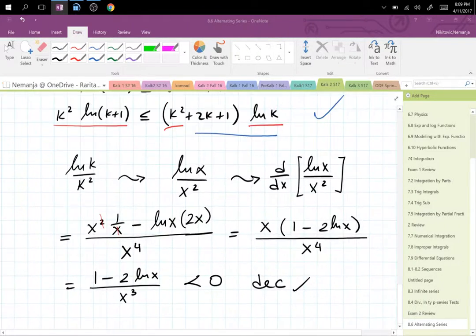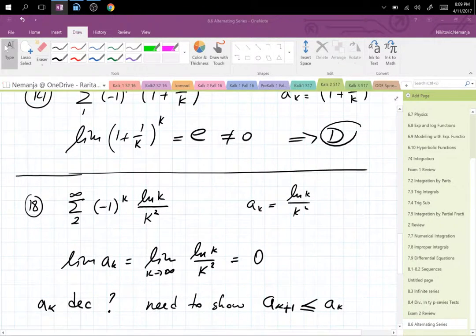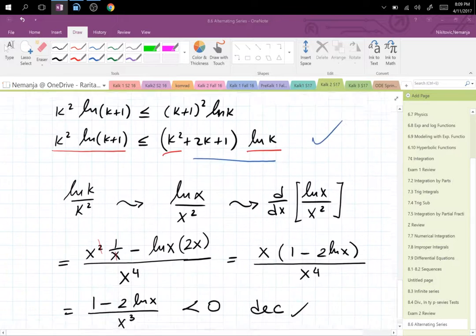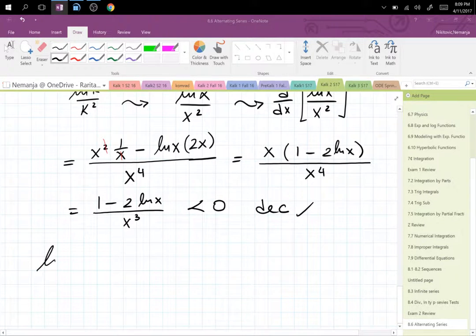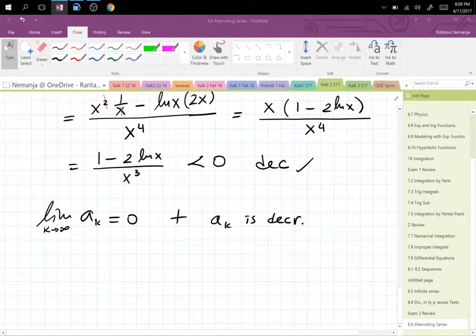So now we proved that the limit is equal to 0, and we proved that it's decreasing. So limit ak is equal to 0 plus ak is decreasing. So we are good now for the convergence branch.